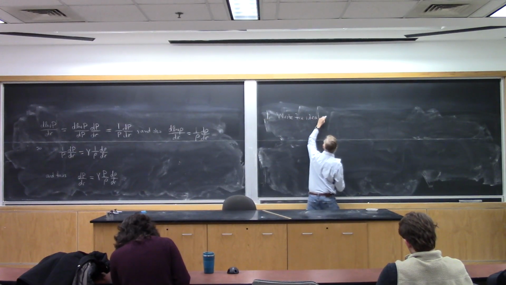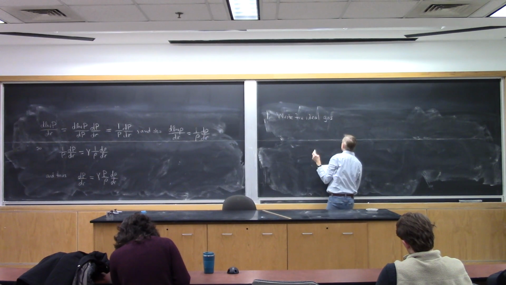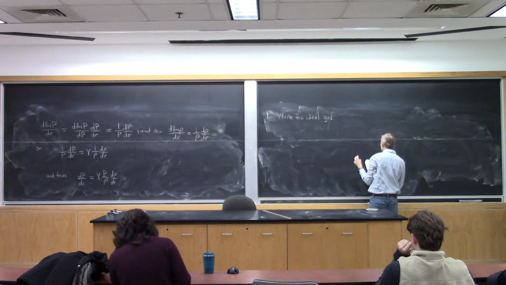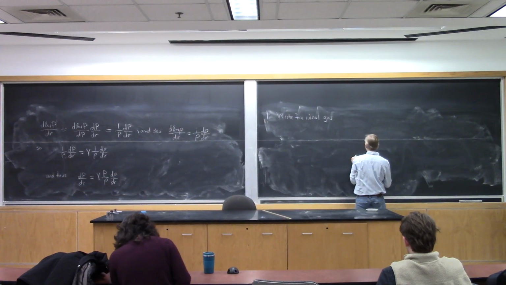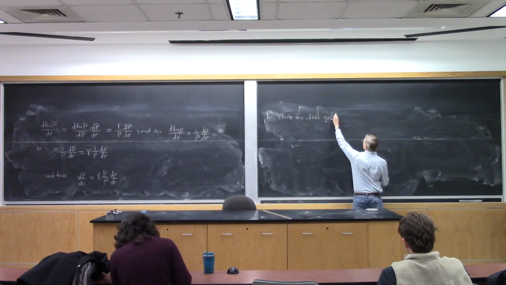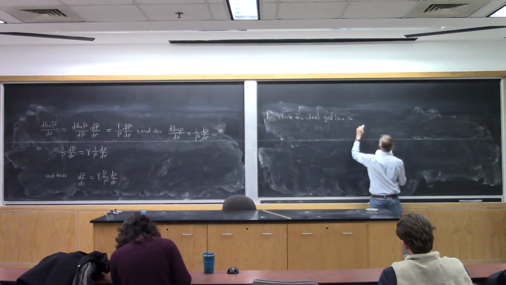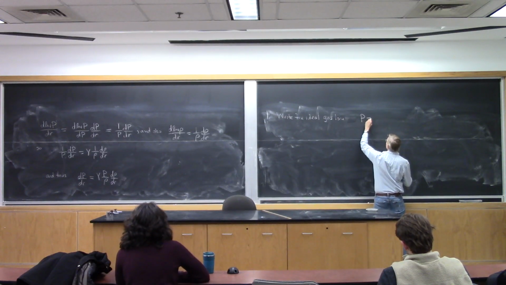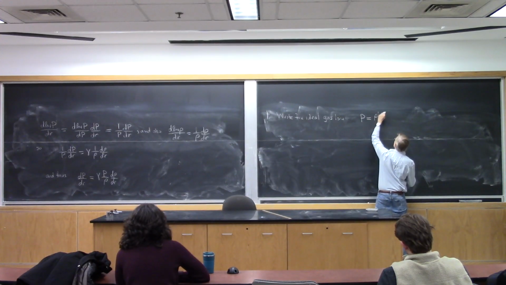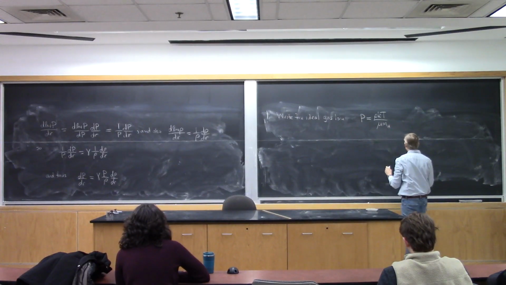The ideal gas law. Because remember, the ideal gas law still holds. The adiabatic gas law is not an independent gas law. It's a special case of the ideal gas law. The ideal gas law is P equals rho kT over mu times m_H, the mass of hydrogen.